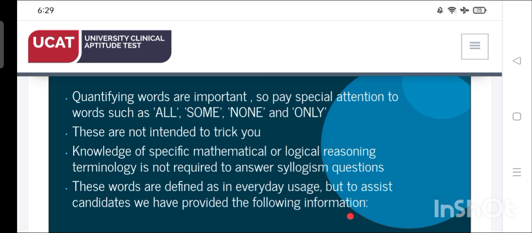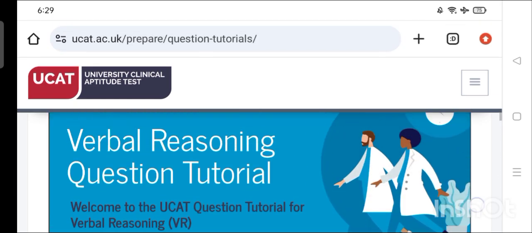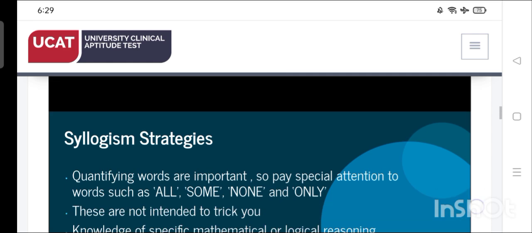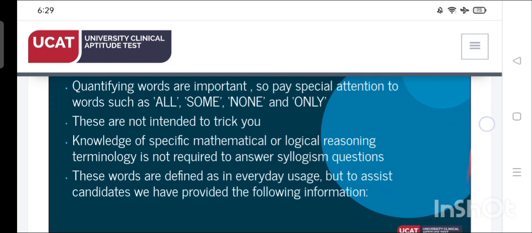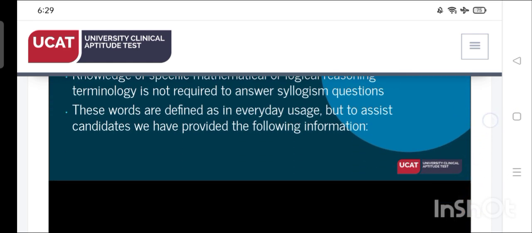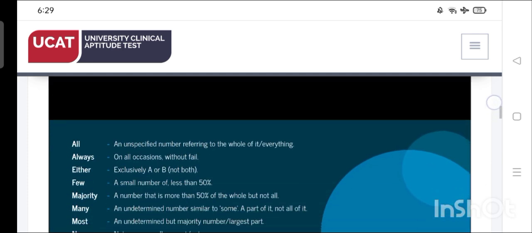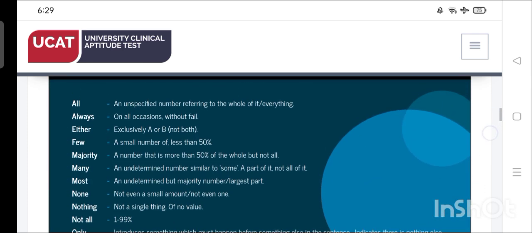Again, I'm telling you that you don't need any specific mathematical or logical knowledge to solve these questions. It's basic information you need. Next, in the following slide we have some quantifying words, what they are for and what their meaning is. First we have all.